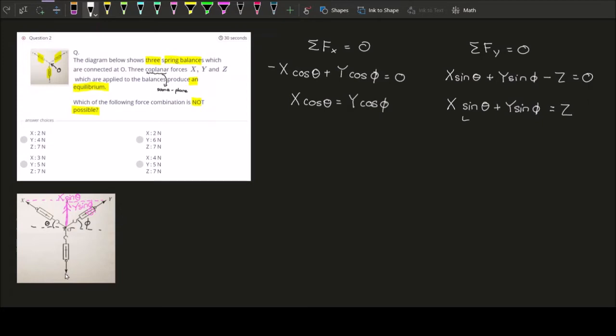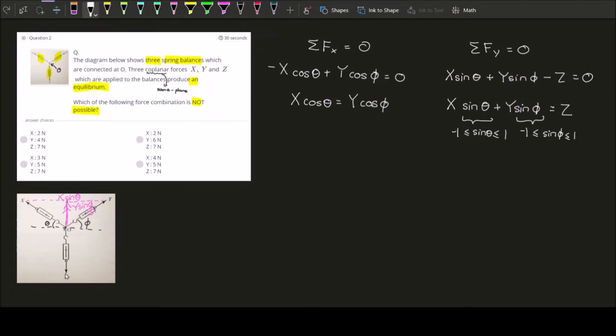Okay, we know that sine theta here has a range of between negative 1 and 1. Whereas this y sine phi, the sine phi here will also have a range of negative 1 to 1.